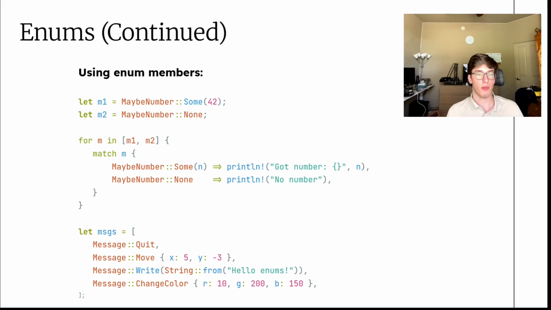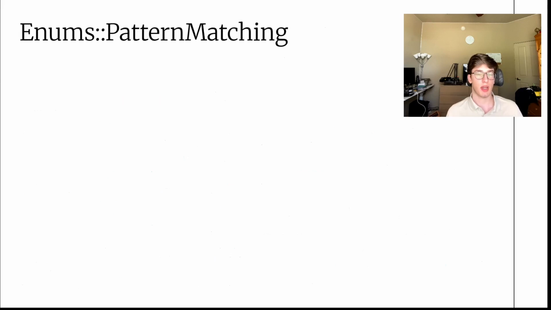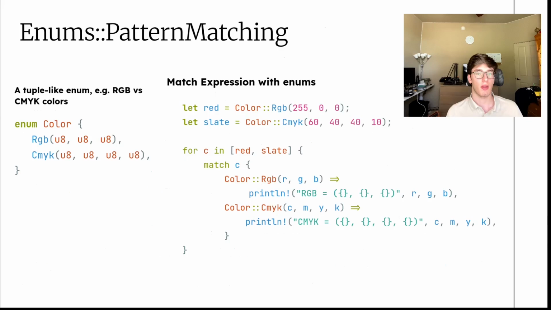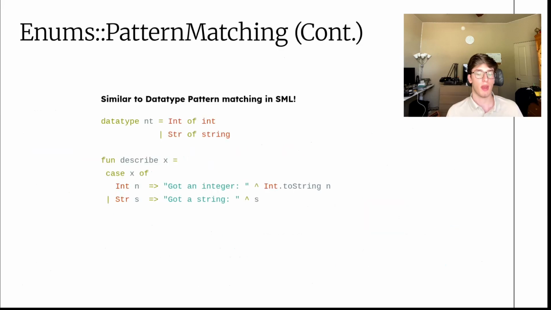Here's one example. You can traverse them using the match syntax, and you can have something like an optional type. So here's an example, and here's the analogous code in SML.